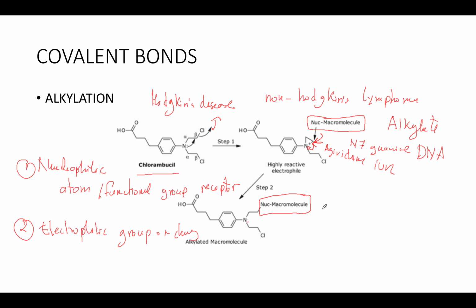And so in this particular example, it's going to result in cross-linking of DNA, because not only do you have this happening in this, you also have a repeat of the same for this other beta carbon here.